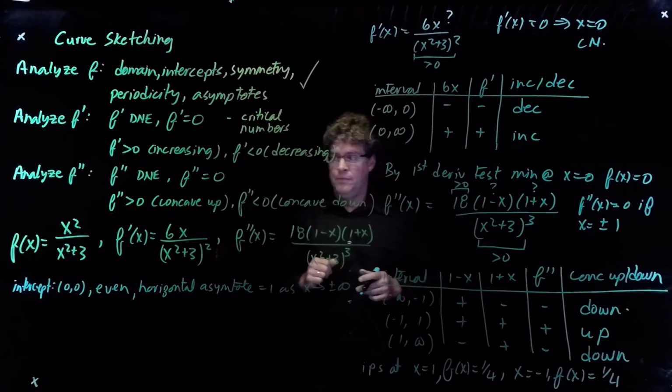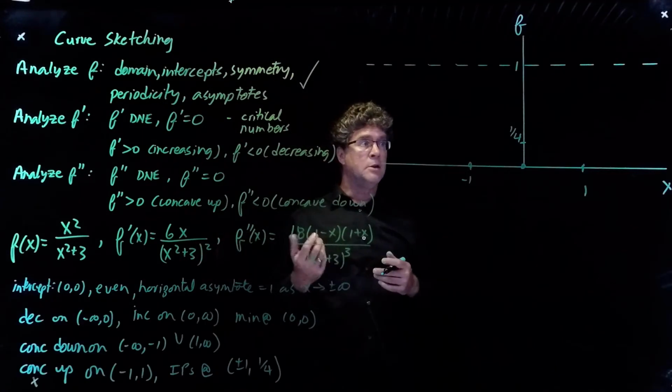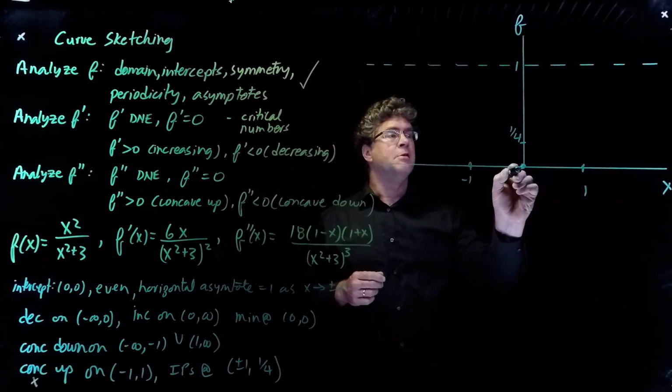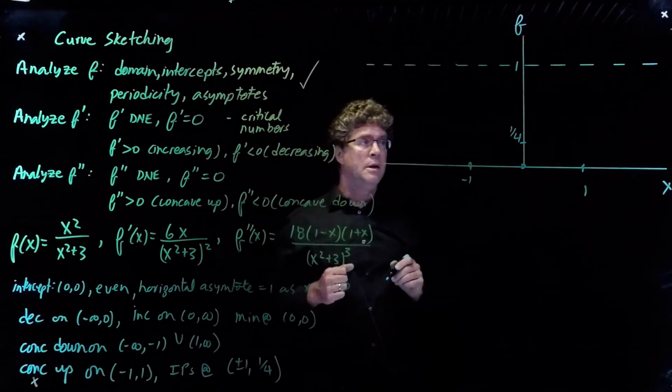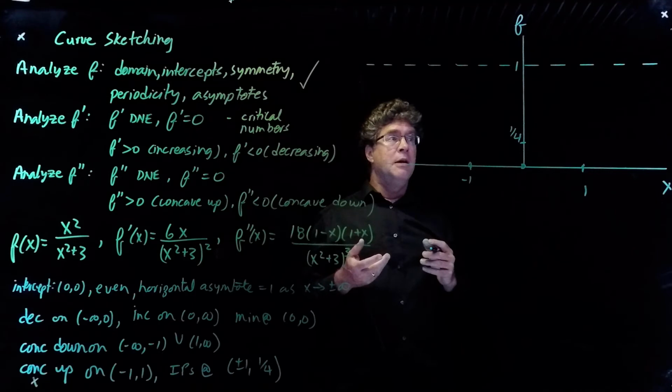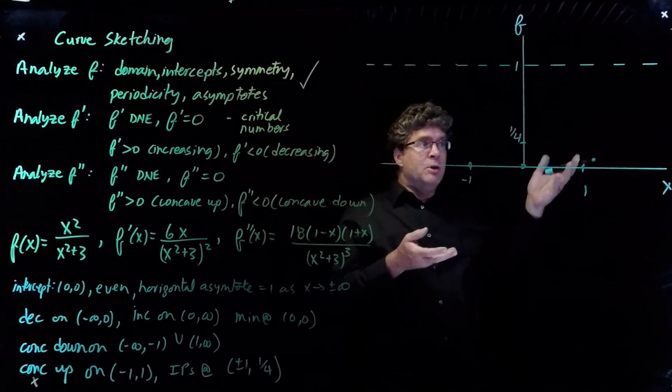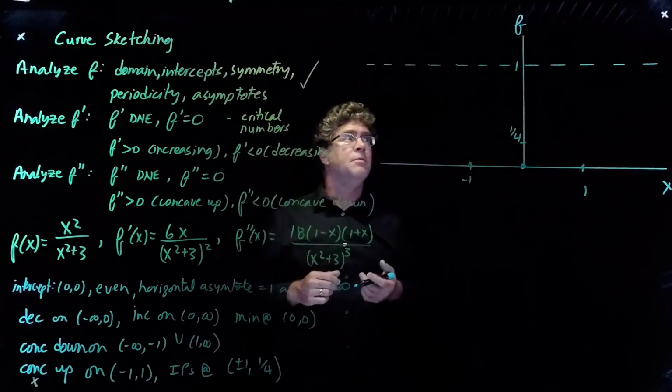Okay, now our function f has an intercept at 0, 0, so it's going to go through this point right here. It also has even symmetry, so the right-hand side is going to be a mirror of the left-hand side.